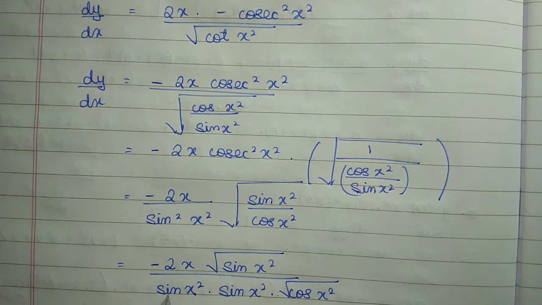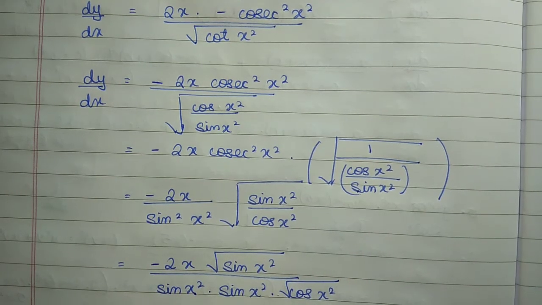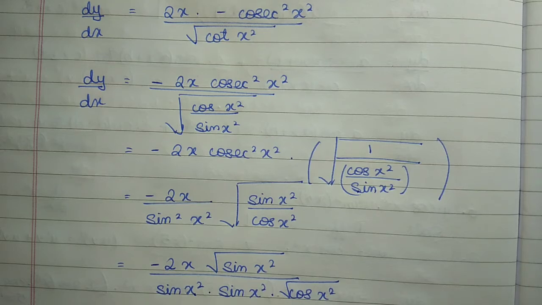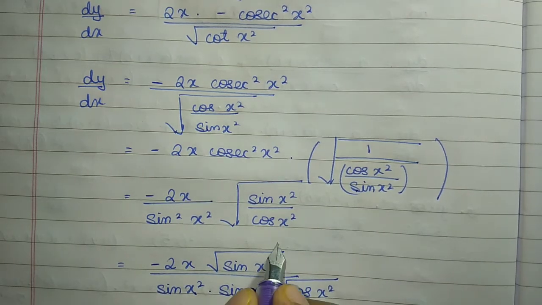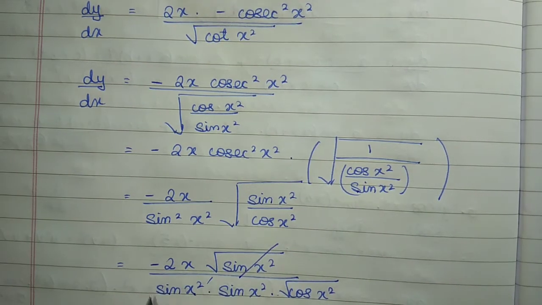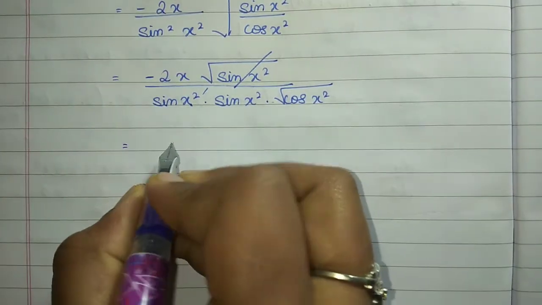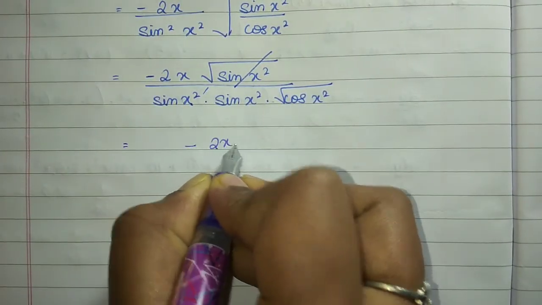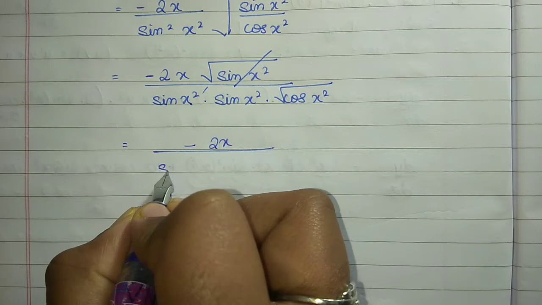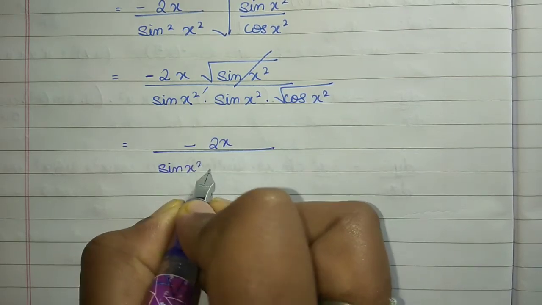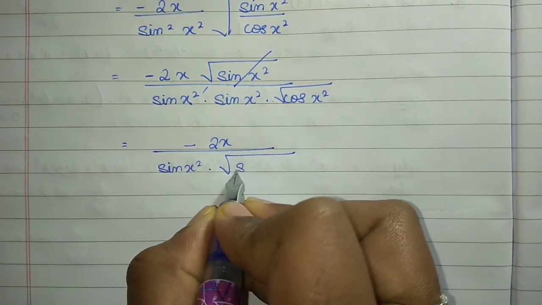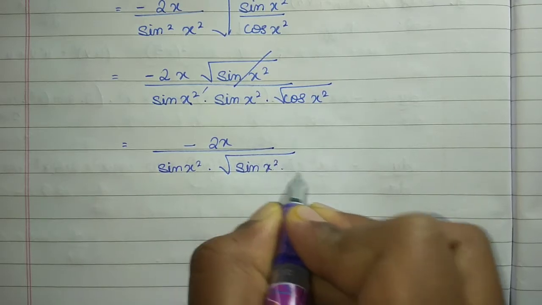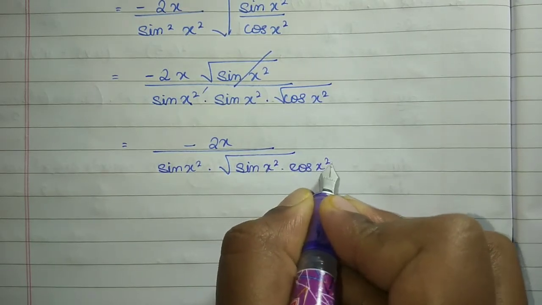So again I will be writing this sin x square as root of sin x square into root of sin x square. So this and the root will get cancelled. Keep that in mind. So I will have minus 2x divided by sin x square into root of sin x square into cos x square.